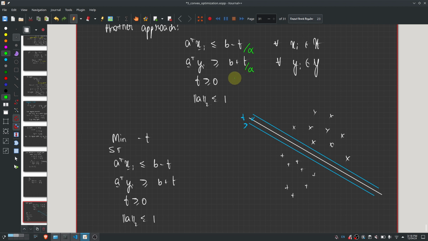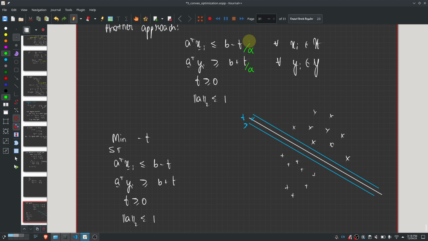And as I increase alpha, this quantity decreases to 0. So effectively this would be the width, and the width would shrink to 0.